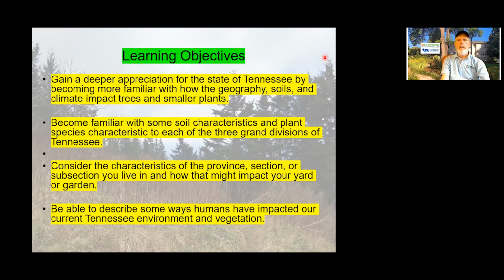We'll also consider the characteristics of the sections or provinces, the little subsection that you live in, and how even your yard might impact the bigger picture. And we'll be able to describe some of the ways humans have impacted our current Tennessee environment and vegetation.